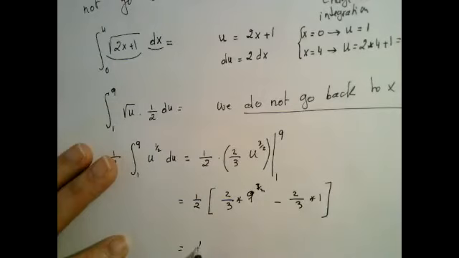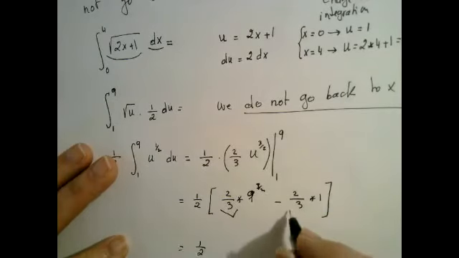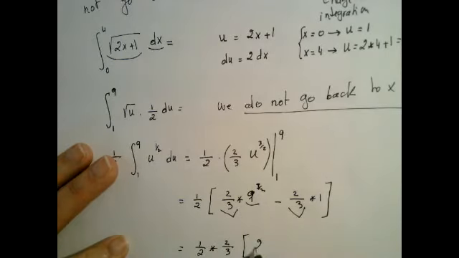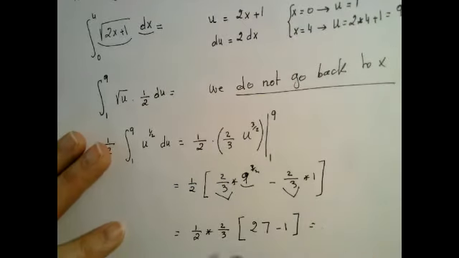So that's a half. Now this 2/3 could be honestly factored out. And here I will be left with 27 minus 1. So this would leave me with 1/3 times 26, or 26/3. Okay.